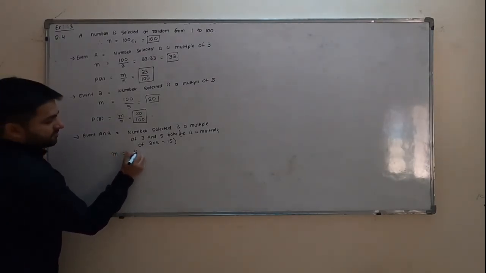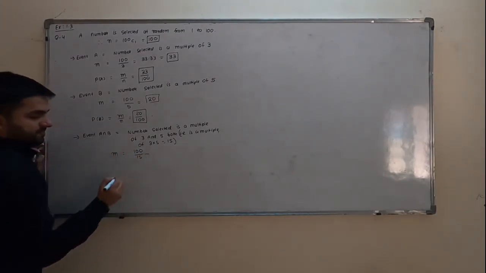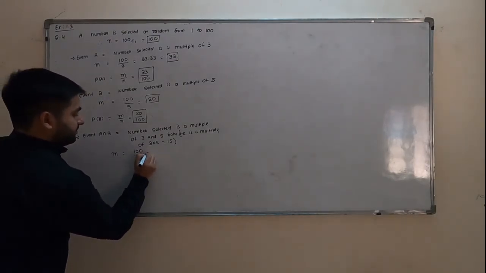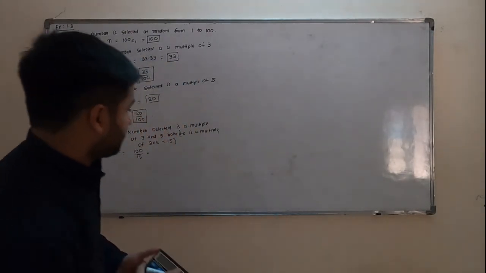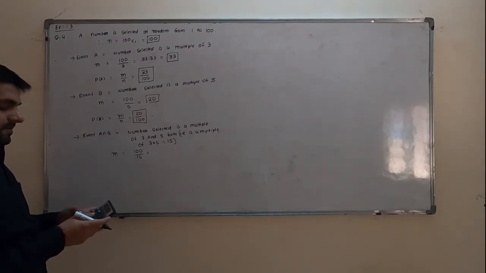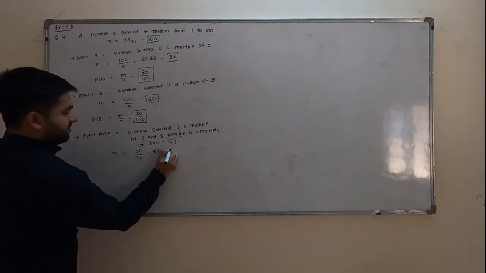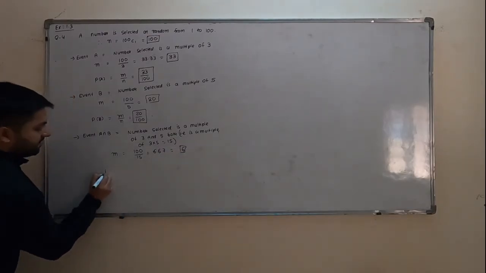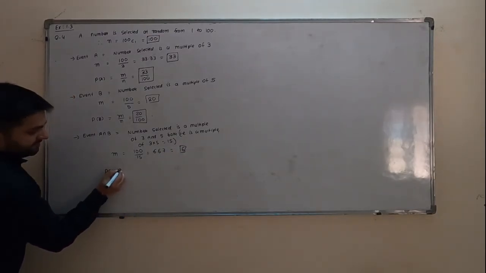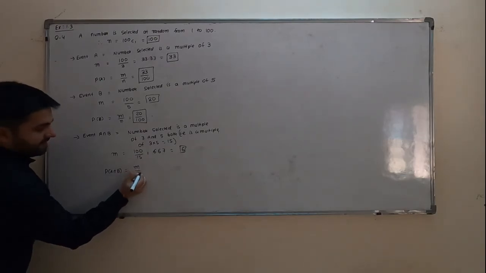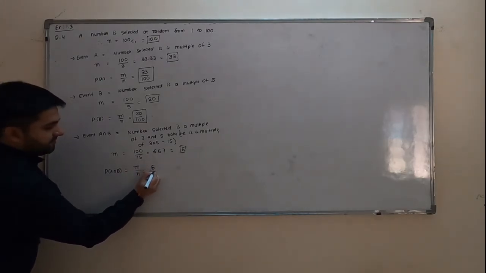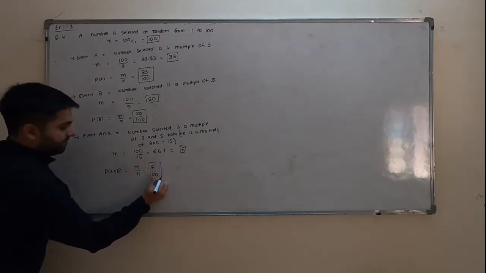M is equals to 100 by 15, that is 6.67, so it will be 6. P of A intersection B, m by n, 6 by 100.